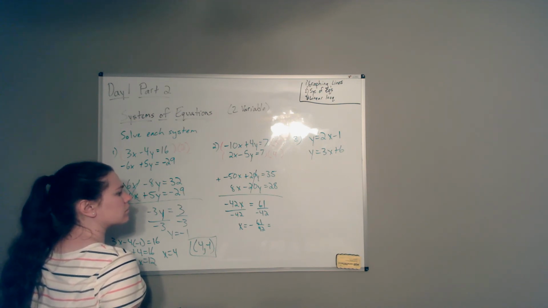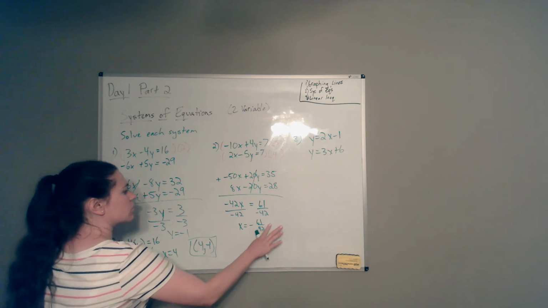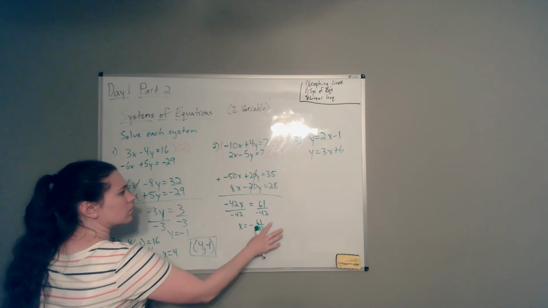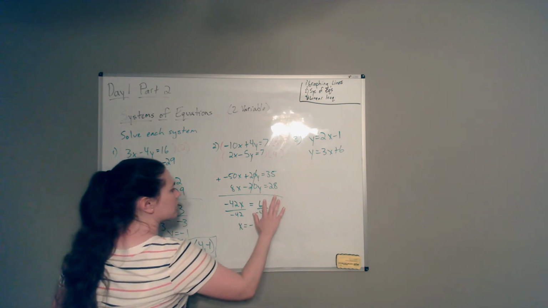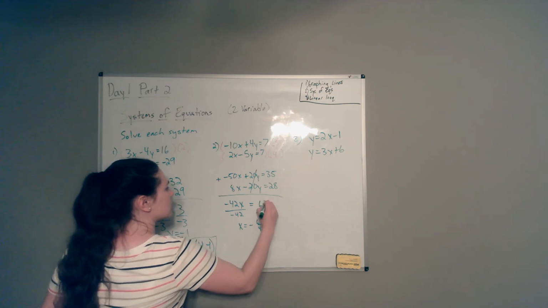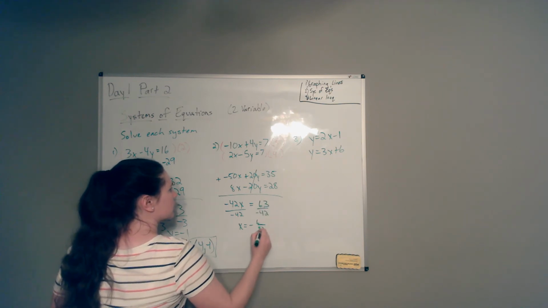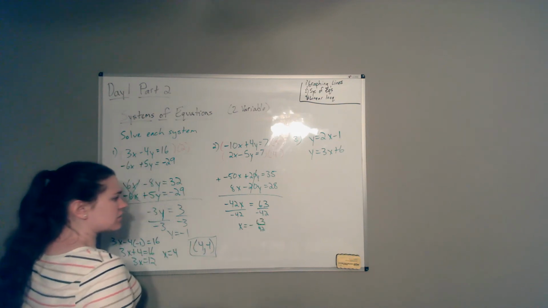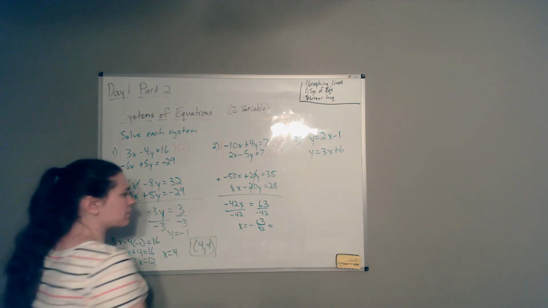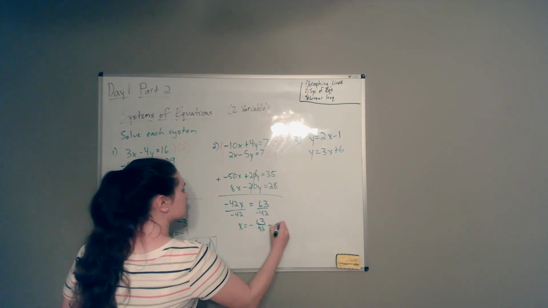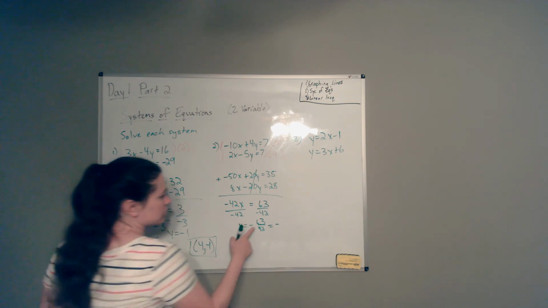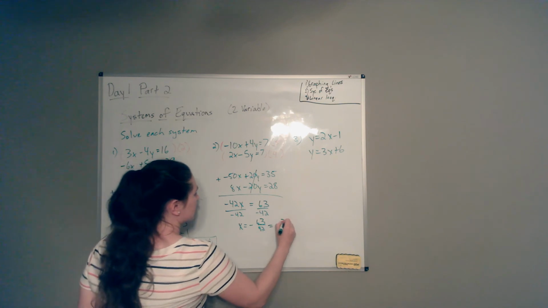Let's see, 61 over 42, oh, not 61 here, I'm getting ahead of myself. That is not 61, that is 63. I'm not sure where I came up with 61 there. Okay, 63 over 42, and if we simplify this, we can see 3 is a factor of both of those numbers. 63 divided by 3 is going to put us at 21.